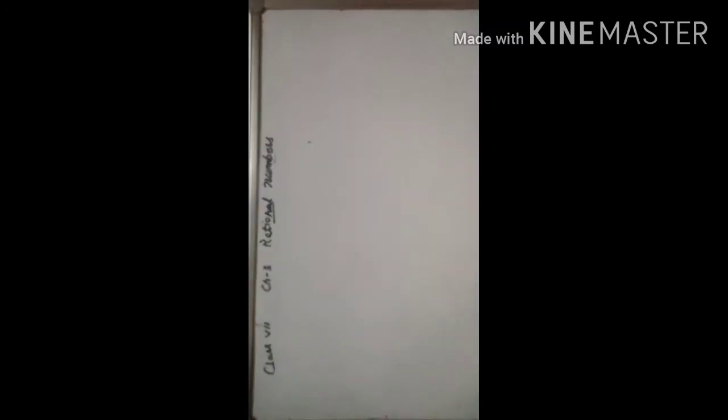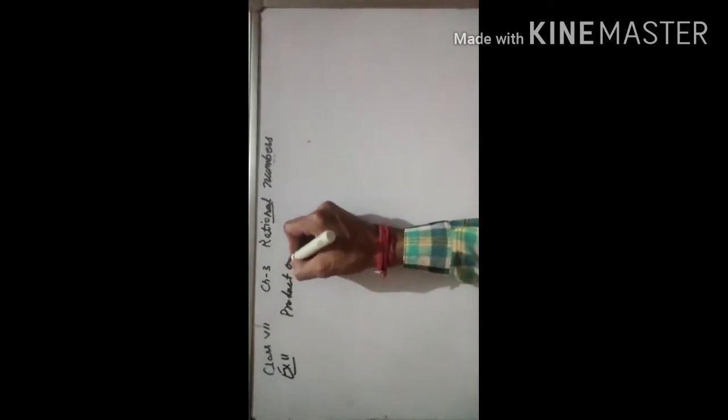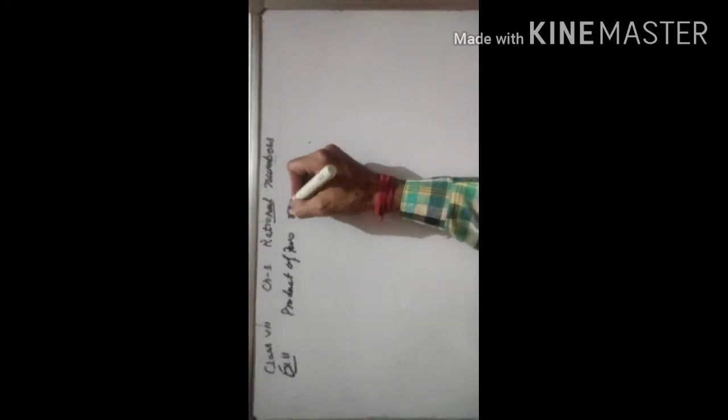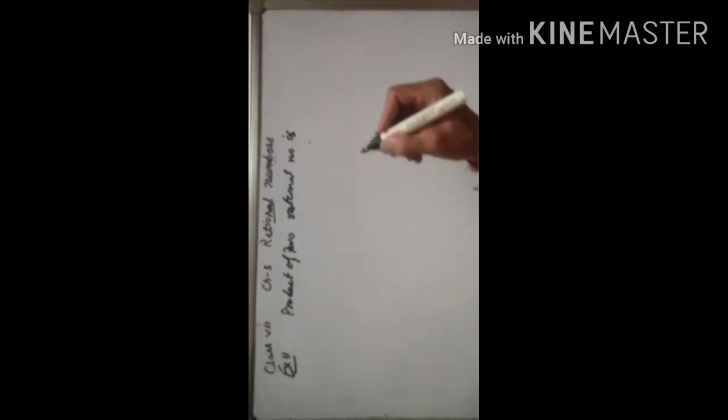Now come to example number 11. Example number 11: the product of two rational numbers is minus 9 by 16.